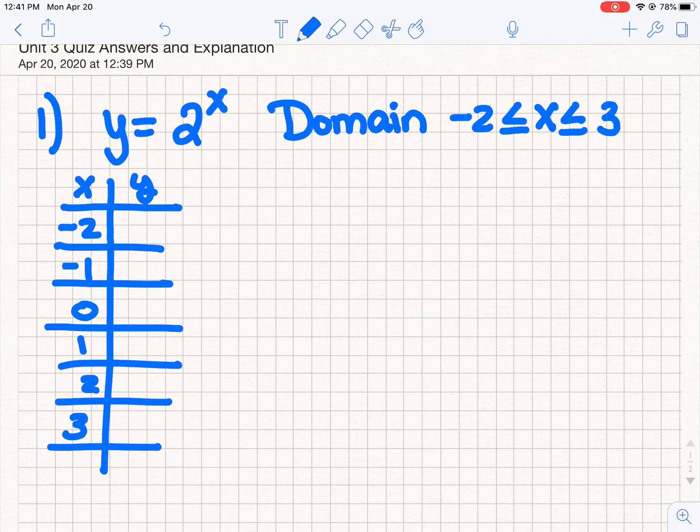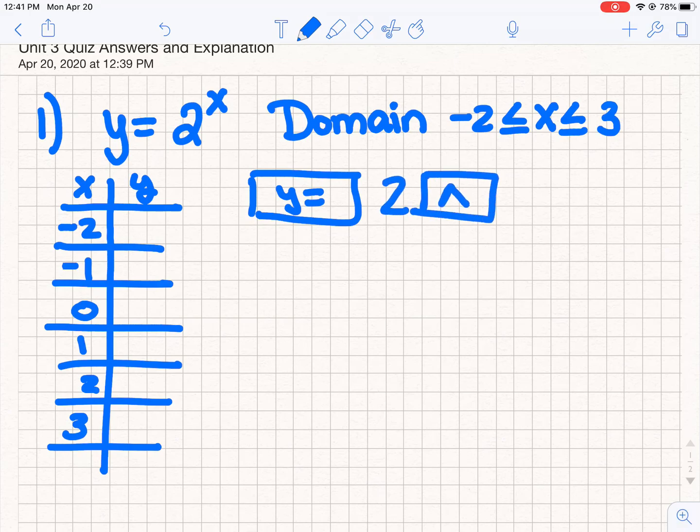Now this is where you should have gotten out your calculator. You should have gone to the y equals button and typed in 2, the caret key, which is above the division key, and then the x, t, theta, n key, which is right next to the alpha key.